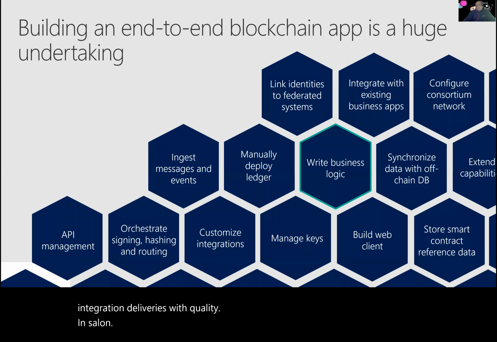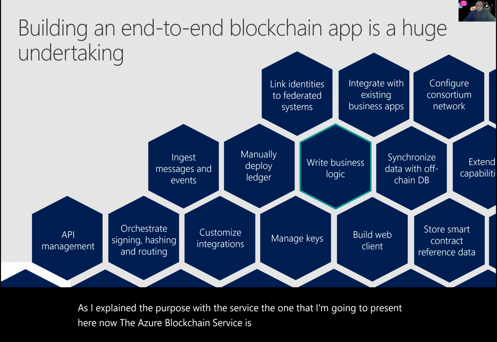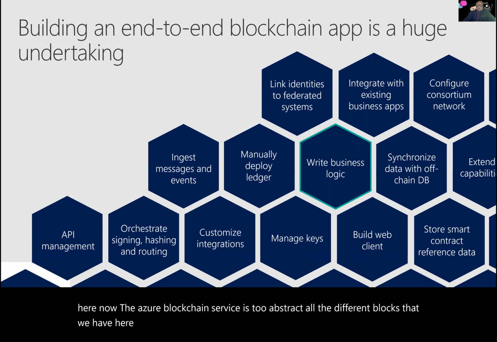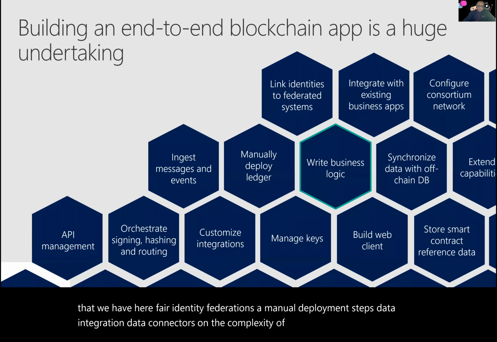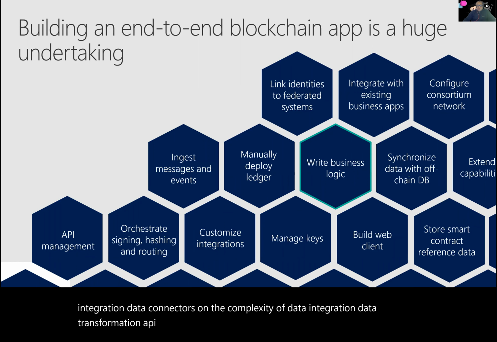As I explained, the purpose of a service like the one that I'm going to present here now, the Azure Blockchain Service, is to abstract all the different blocks that we have here, like identity federations, manual deployment steps, data integration, data connectors, all the complexity of data integration, data transformation, API management, security and key management.